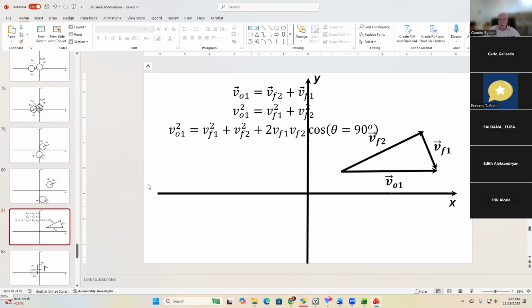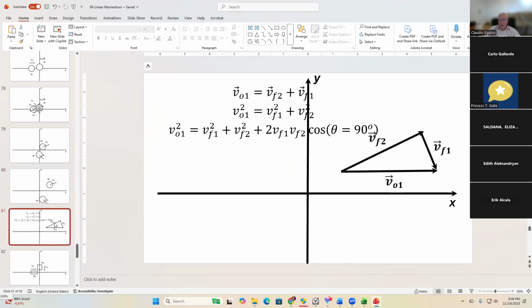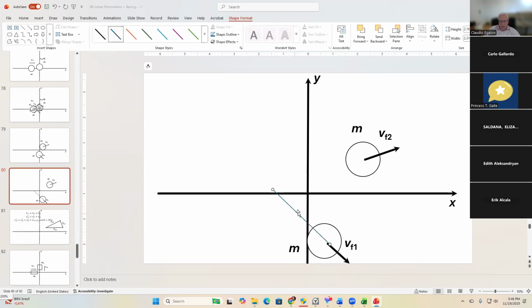So when those two balls collide, V final 1 and V final 2 must make an angle of 90 degrees. And that's the nice intuitive solution that we get for this specific problem.